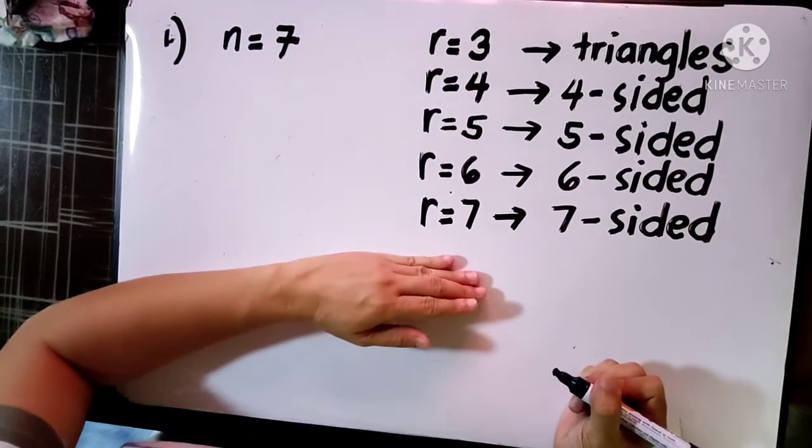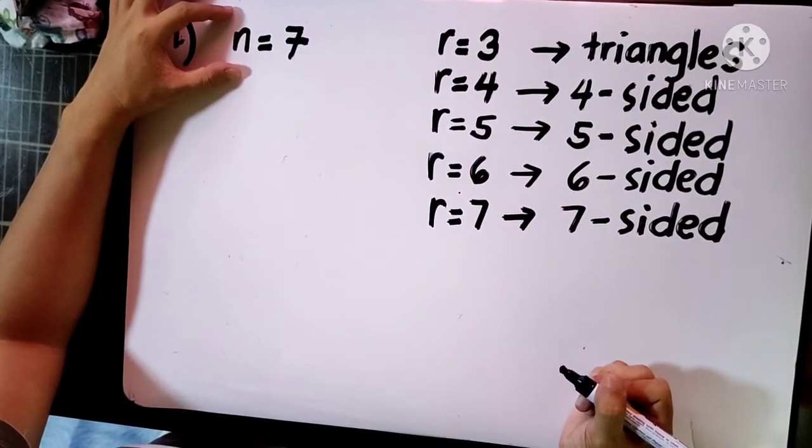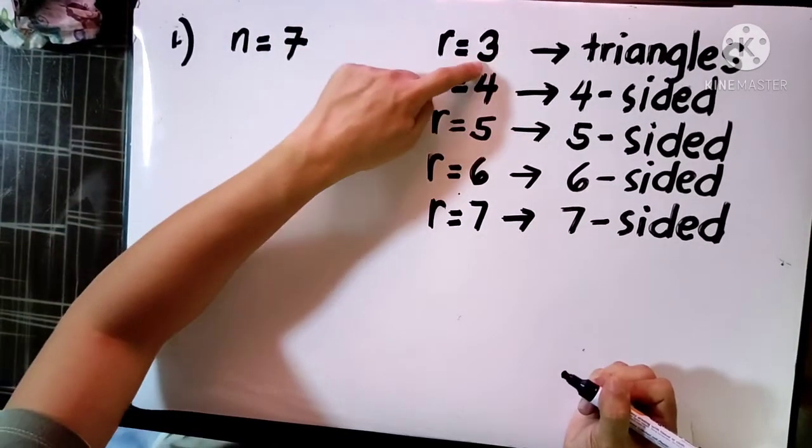So we will stop here because we are just given n is equal to 7. So we will start with 3.